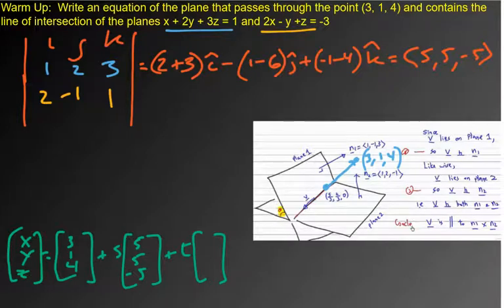To find a point down here in this line of intersection, we're going to solve a system of equations.